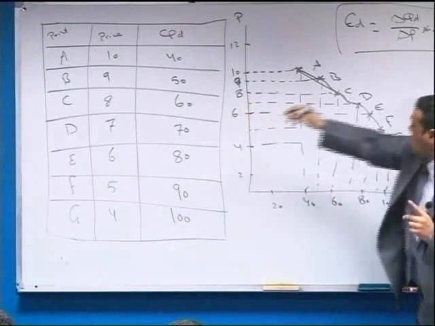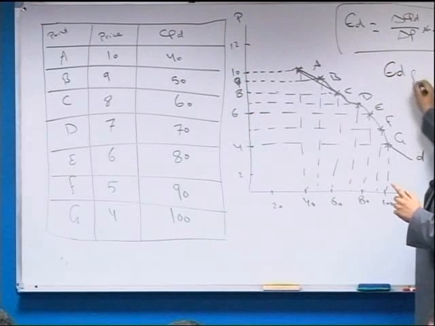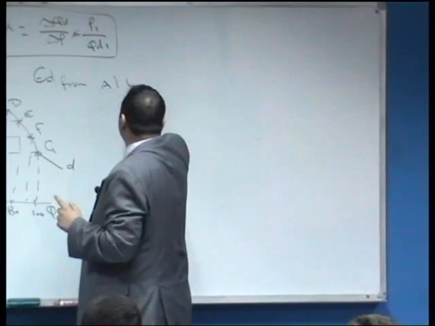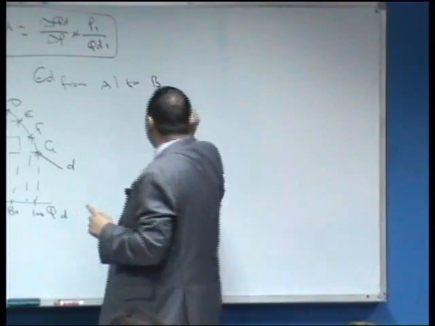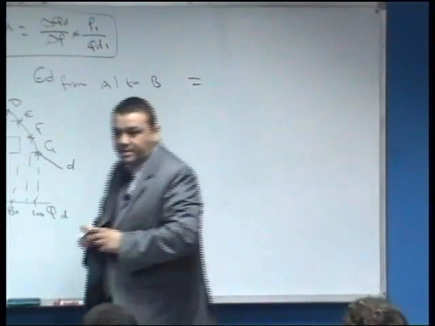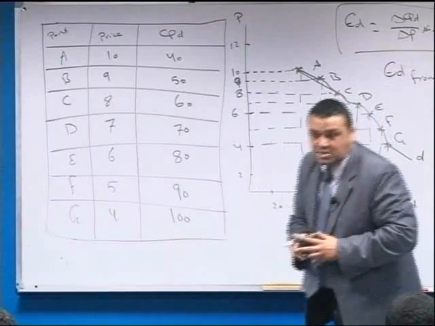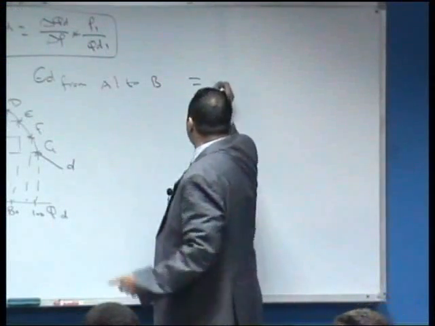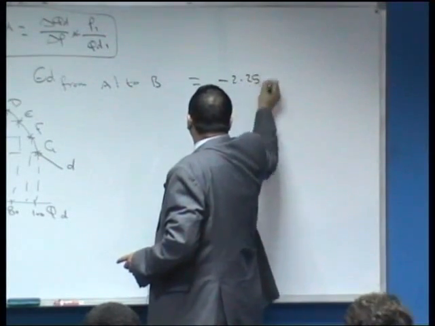From A to B, it was calculated in the last class. It was minus 2.25.